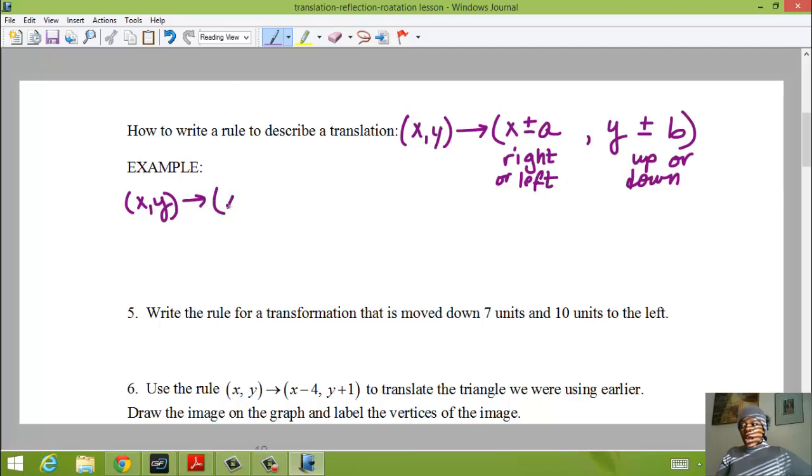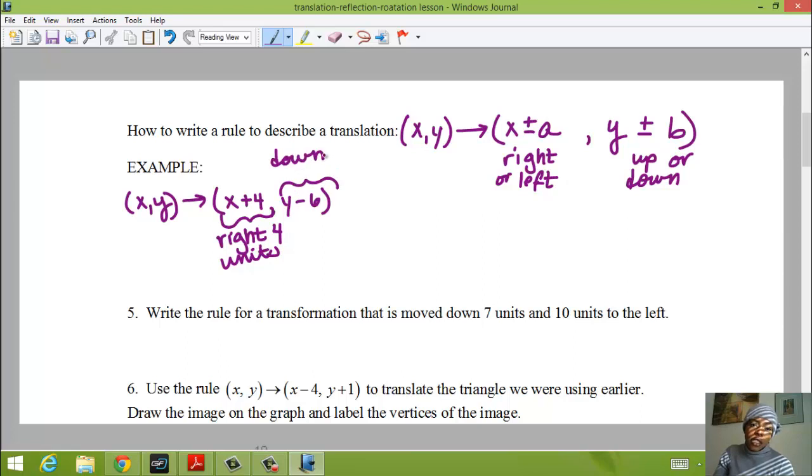We have x plus 4 and y minus 6. You should be able to tell me exactly how each coordinate is going to be translated. This first part here tells us that we're going to go to the right 4 units. The second part here says that we're going to go down 6 units, and it's a combination of the two. We must do both.